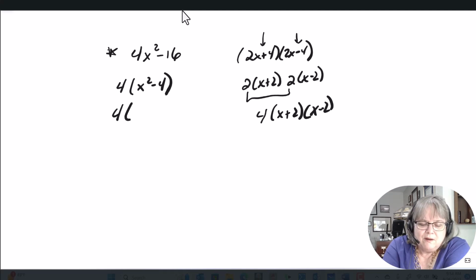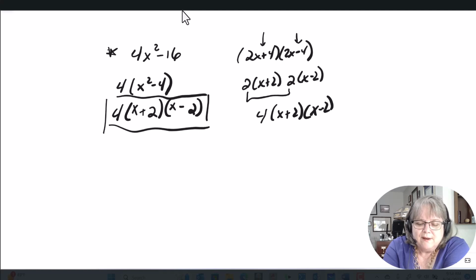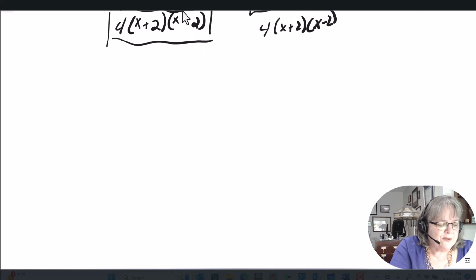And you would go, oh, and that's the difference of two squares, so the square root of x squared is x, the square root of 4 is 2, one's plus and one's minus, and you get there more directly, and it would be less likely that you would accidentally leave these 2's in common. All right, so try to put that as the first of your list every single time.